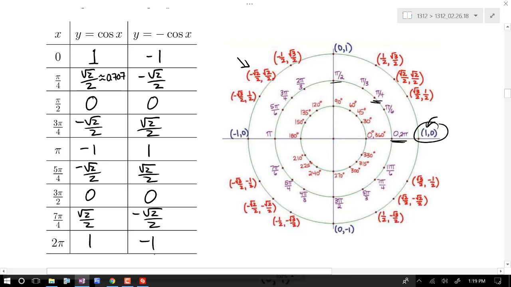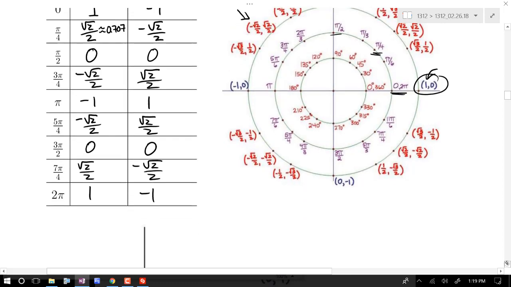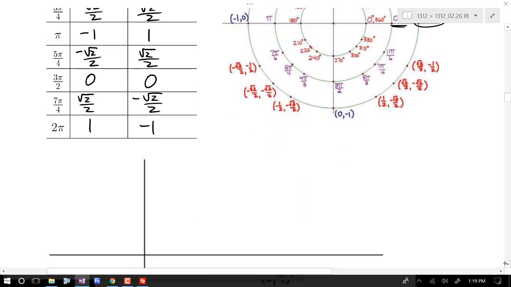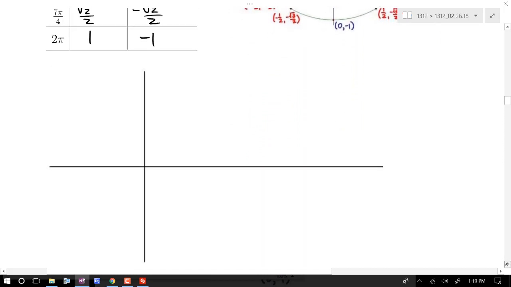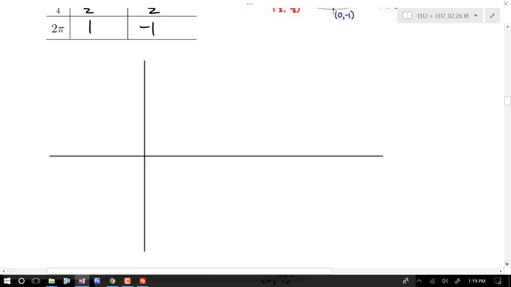So we're going to do the same thing now, and we're going to sketch a graph of cosine x and negative cosine x. And cosine is bound by those same values, negative 1 and 1, just by the nature of the unit circle. It's something that we've known for a while now. But it means that my y coordinates need not extend beyond 1 or down past negative 1.